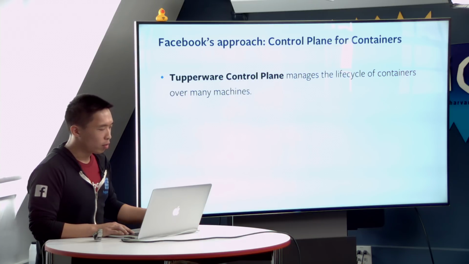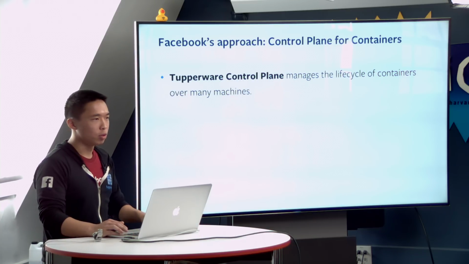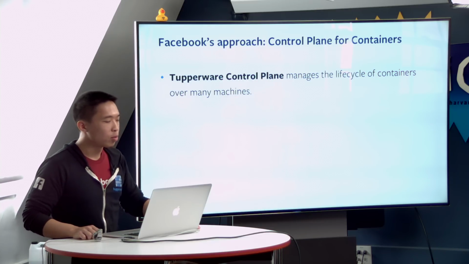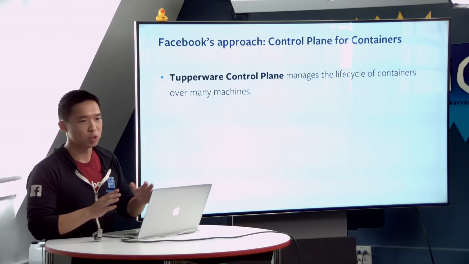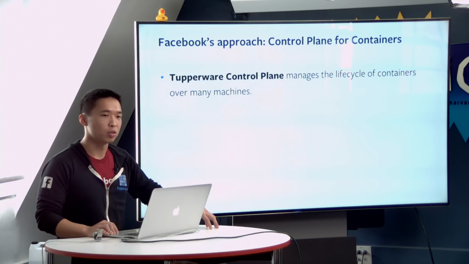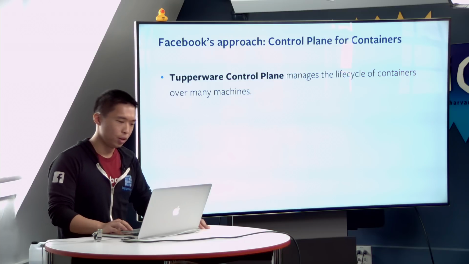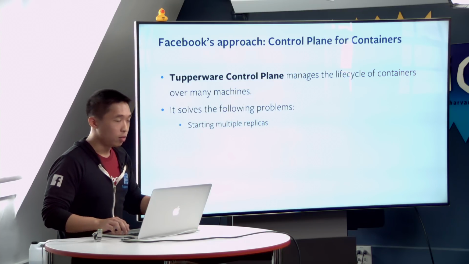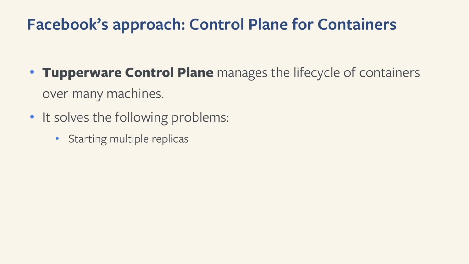And our approach for solving this at Facebook is we introduce a new component, the Tupperware control plane, that manages the life cycle of containers across many machines. It acts as a central coordination point between all the Tupperware agents in our fleet. So it solves the following problems. It is the thing that will start multiple replicas across many machines.